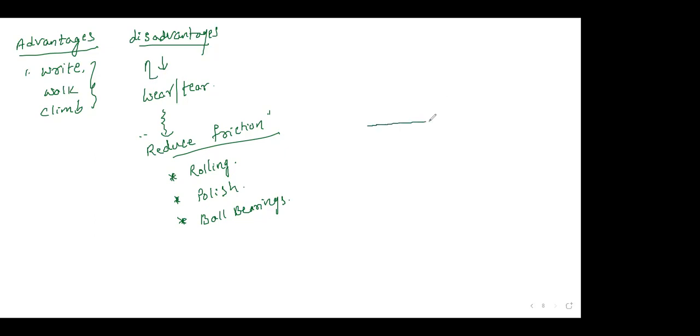Suppose I consider a surface here, and on the surface I place an object. This is the weight, which acts downward. This is the normal reaction N. This is the applied force F. There is a frictional force here, small f.